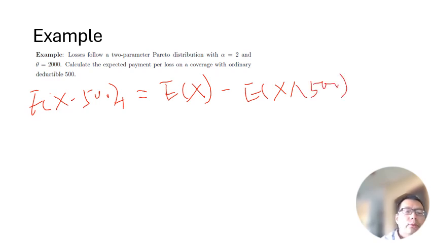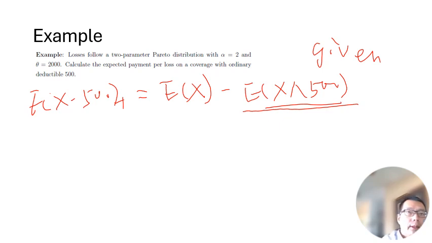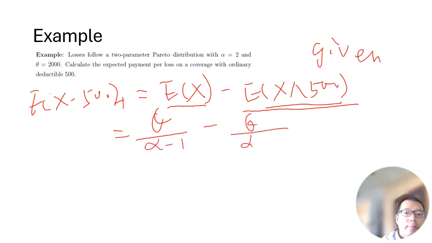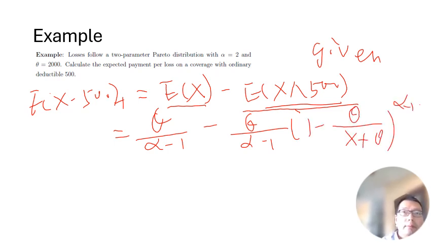Why do we want to do it this way? Mostly because this formula is given in the exam spreadsheet or sheet. That's why it's normally easier to use this formula to calculate it. The limited expected value formula for the Pareto is theta over alpha minus 1 times 1 minus theta over x plus theta to the power alpha minus 1.